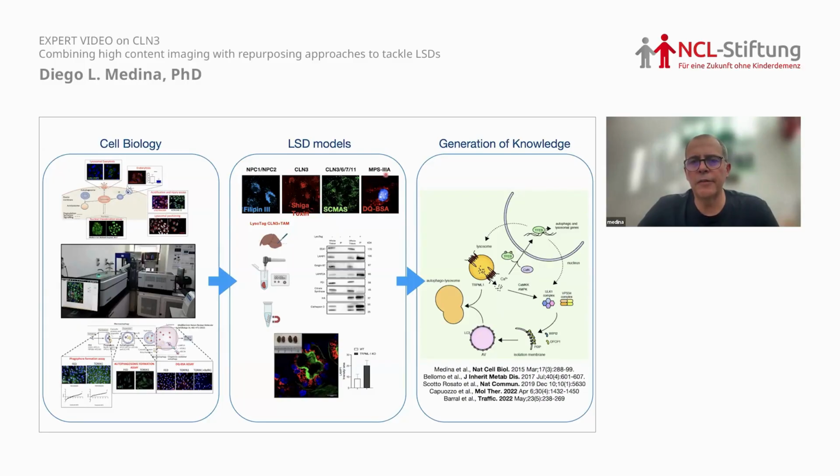In mucopolysaccharidosis type 3A, we use an exogenous probe, the DQ-BSA, that can measure the ability of the lysosome to degrade a specific cargo.